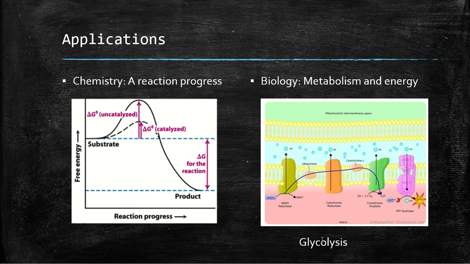It's very useful for glycolysis, which is a process in which you get energy for your cells. So those are very important applications. I could mention much more, but they are very useful to understand the importance of Gibbs free energy, not just in thermodynamics.